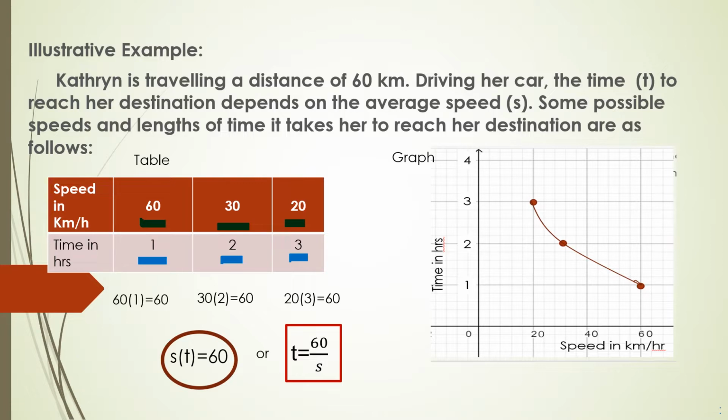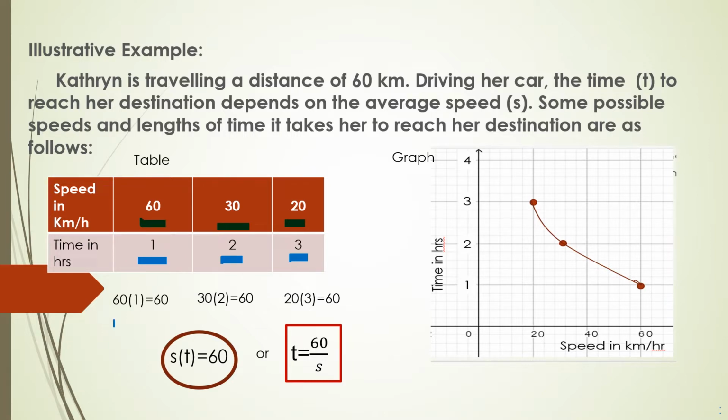In this situation, a decrease in speed causes an increase in the time of travel, as shown in the table and graph. So we can say that the time varies inversely as the speed, or the time is inversely proportional to the speed. Let us try to get the product of the pairs of values.